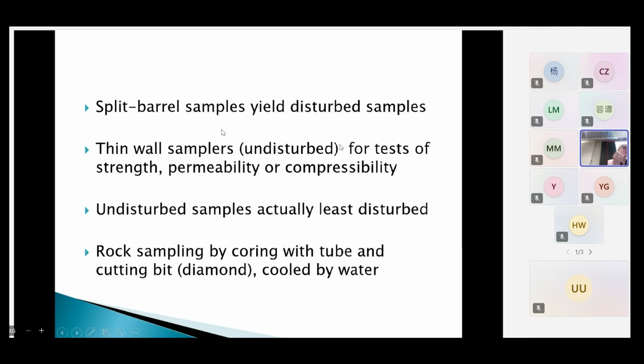Basically, you take a core of the soil, and it gives you a better idea of the soil as is. It's called an undisturbed sample, but in reality it's the least disturbed sample, because you're still doing some changes, and once you take the sample, it's not going to stay as it was initially.